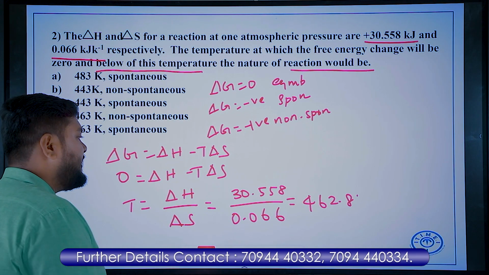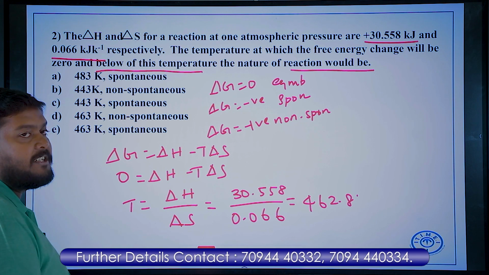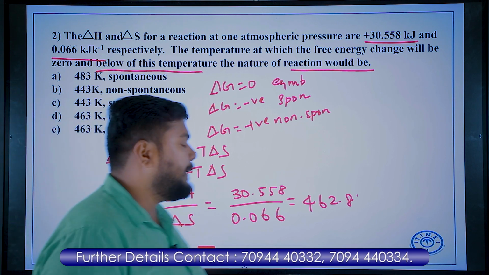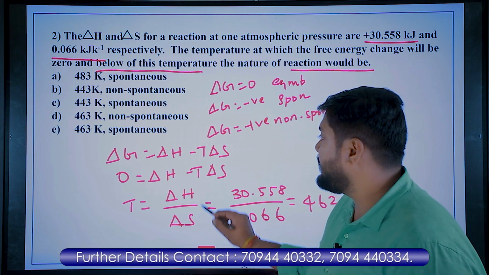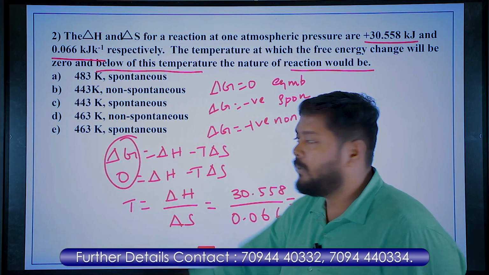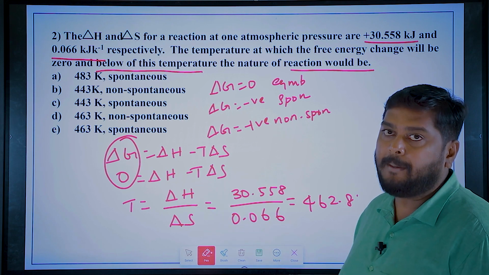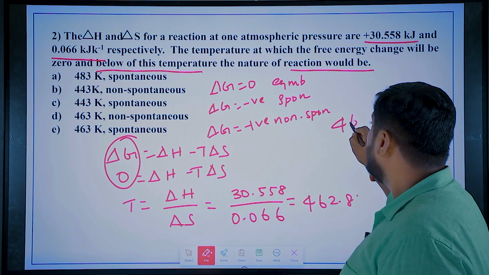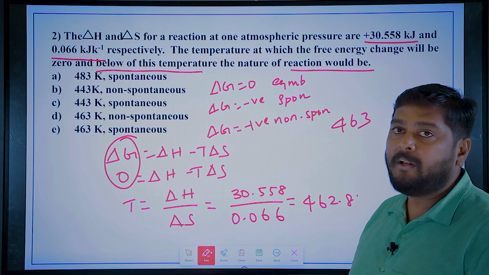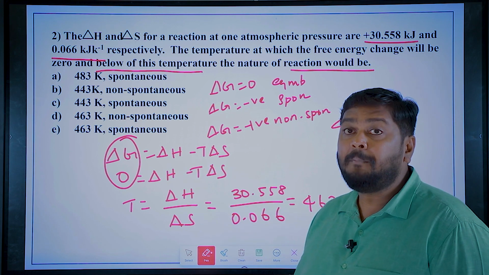So approximately 463 Kelvin will be this temperature, right? At that temperature, what will ΔG be? It will be 0, that is at equilibrium. What have they asked? Below the temperature, below 463, what will it be? If it is 462, what will happen? ΔG will become negative.